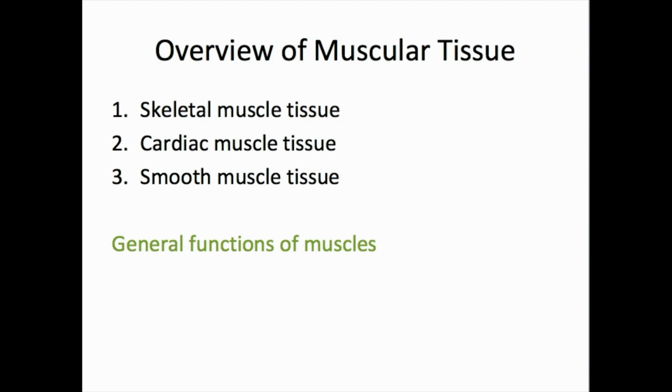And I am just assuming that you already know the general functions of muscular tissue, which are producing body movements, stabilizing body positions, storing and moving substances within the body, and also generating heat, which is called thermogenesis.